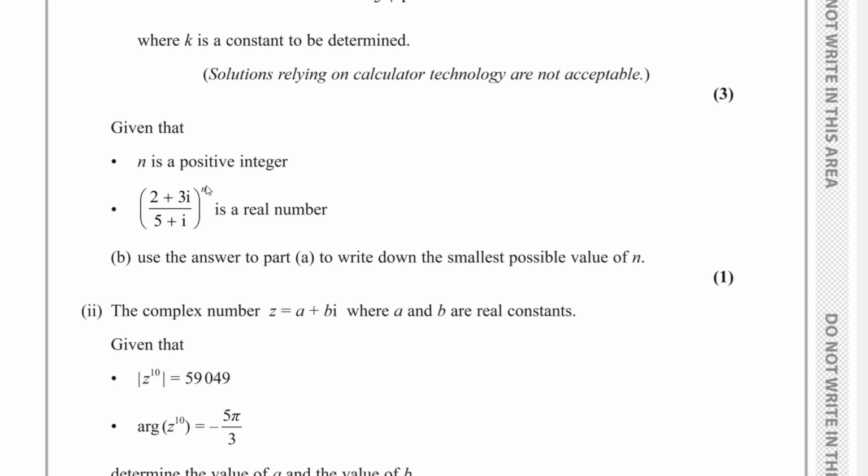Given that n is a positive integer and 2 plus 3i over 5 plus i to the n is a real number, we have to use the answer to part A to write down the smallest possible value of n.